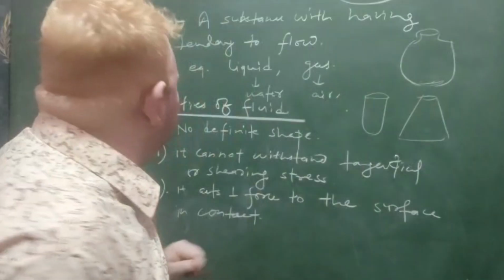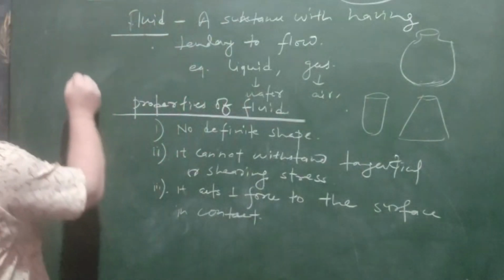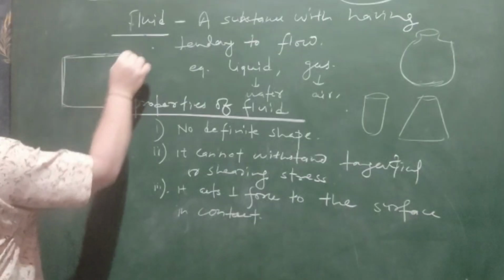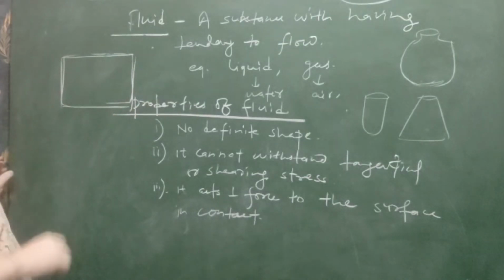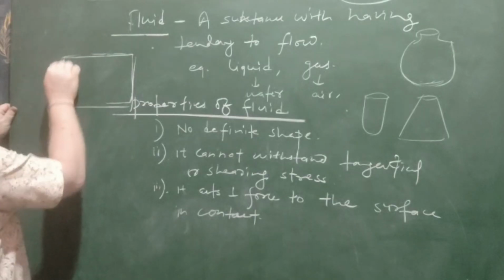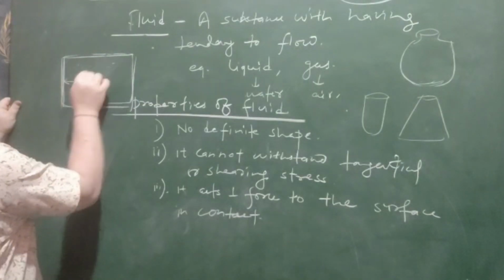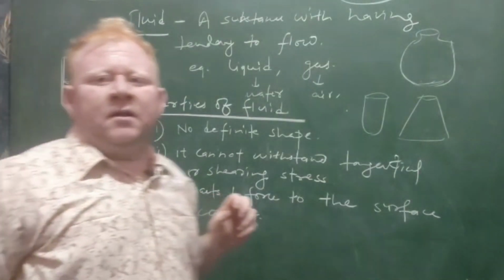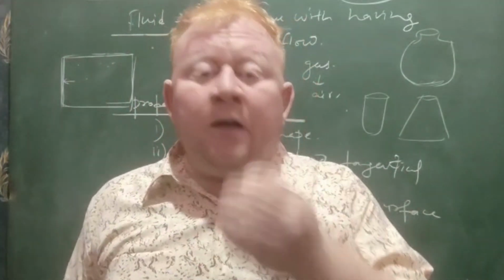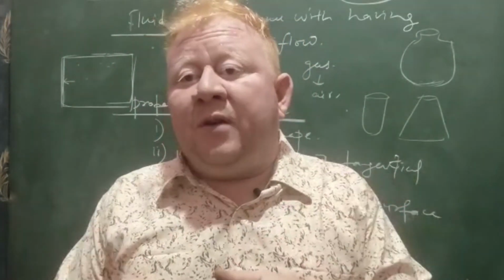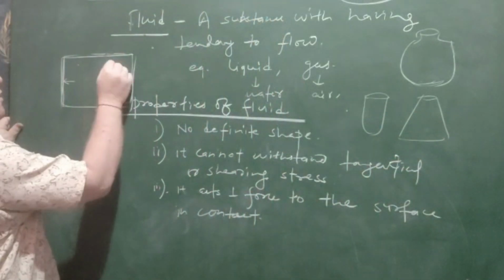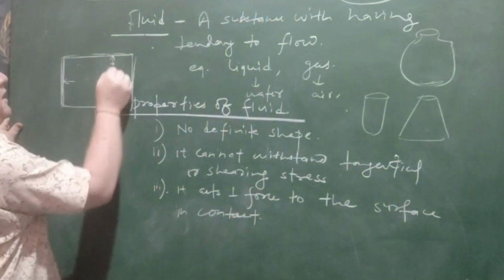Let us understand. Suppose there is a fluid in this container. If you have read in junior classes, liquid exerts force at every point in all possible directions. Suppose here at this point, the force is acting here.